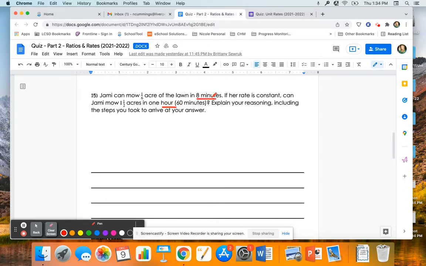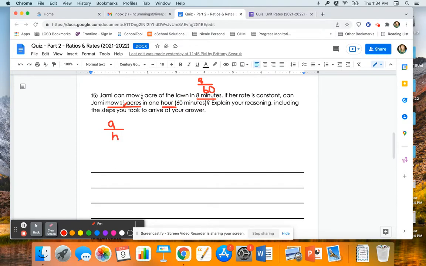So you're going to want to change this so that it's out of 60, because then you can compare it easier when it's in hour format. So again, you're going to set that up. You're going to figure out, can Jamie mow how many acres per hour? You're going to set up this ratio and you're going to compare.